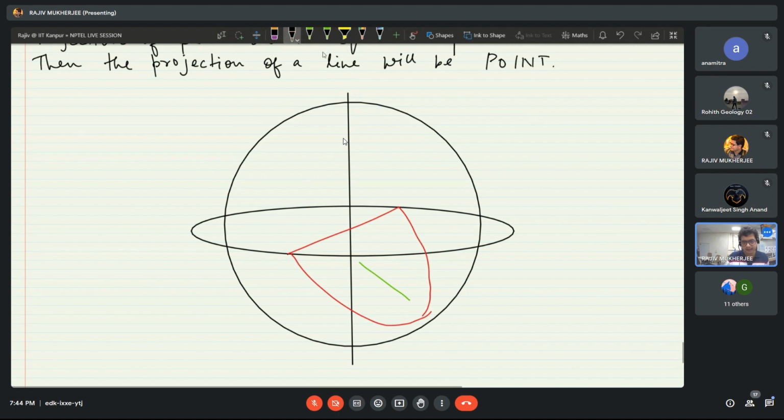If we project the plane, it would definitely give us an arc like this, right? And based on that, whenever we project this line on this plane, this line would plot as a point.